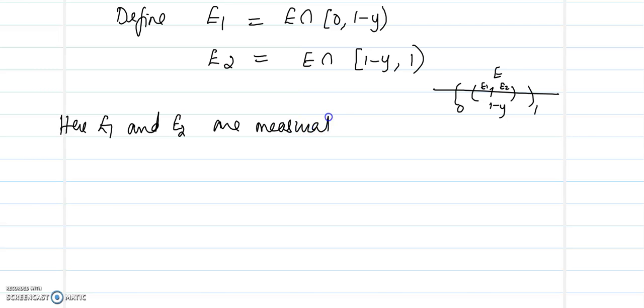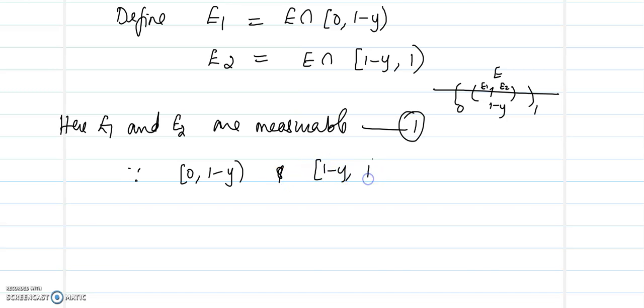Call this equation 1. And again, the intervals [0, 1 minus y] and [1 minus y, 1) are disjoint. So since these two are disjoint, E1 and E2 will be disjoint.